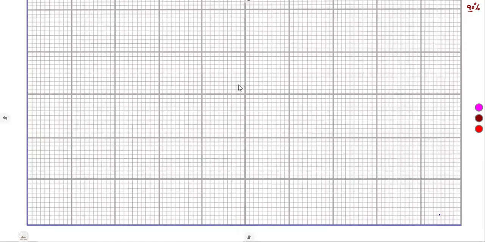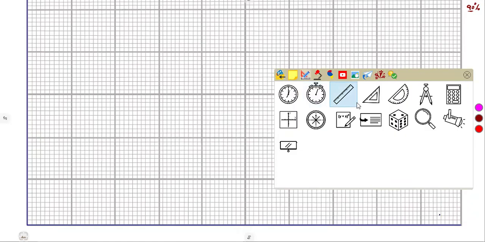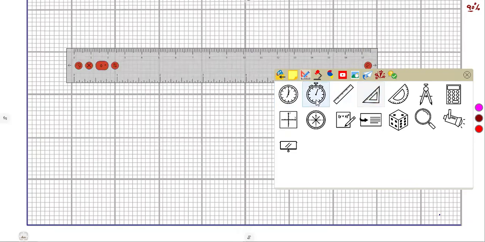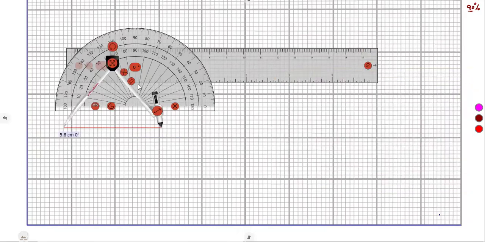What we're going to need in this case, we need all the instruments, and you must actually know how to use each and every instrument, guys. Just try to practice as much as you can.